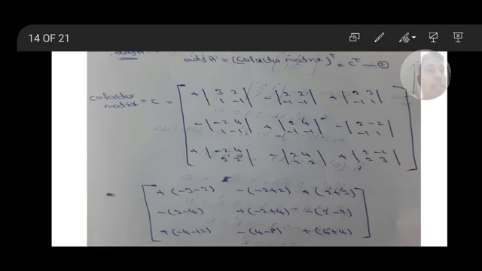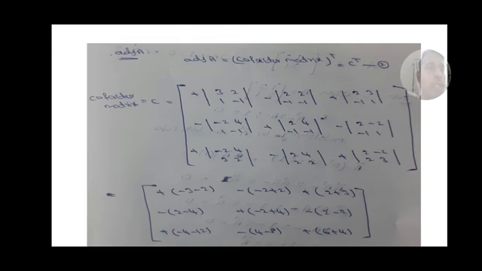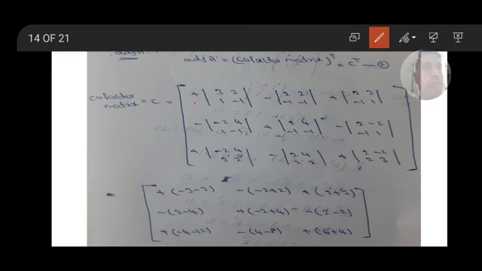So adjoint of A means cofactor matrix transpose, that is C transpose. And cofactor matrix means the signs plus, minus, plus, minus, plus, minus, plus, minus, plus, alternating. So what is the matrix here?